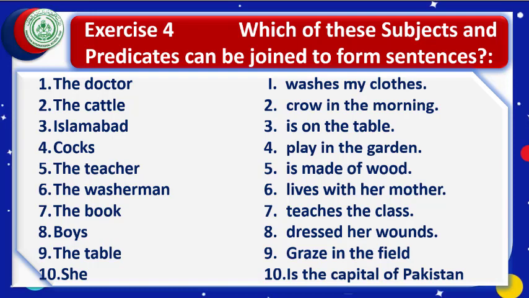To do exercise 4, you can write complete sentences only. You look from here and write complete sentences. For example, your first sentence will be, the doctor dressed her wounds. Just like this, write all complete sentences. That will be the solution of this exercise.